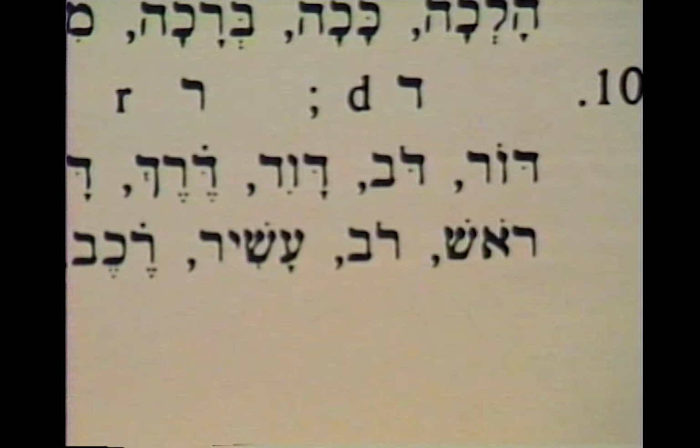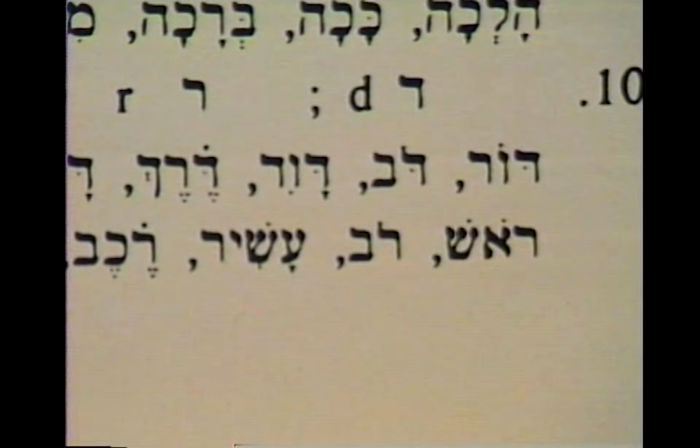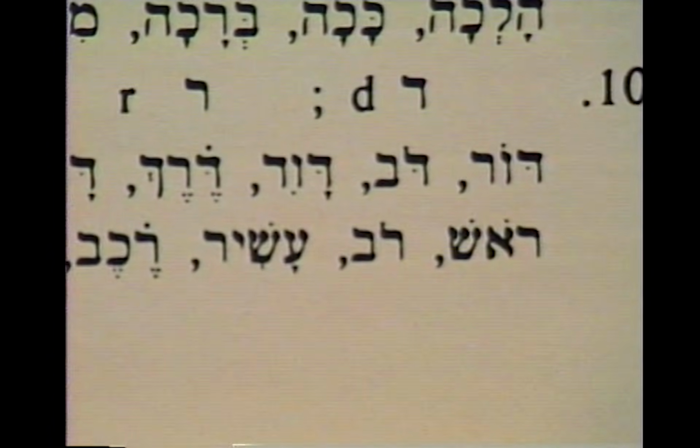Rosh, Rove, Ashir, Rekev, Barak, excuse me, Barak. You see the accent there, right there on the bet?